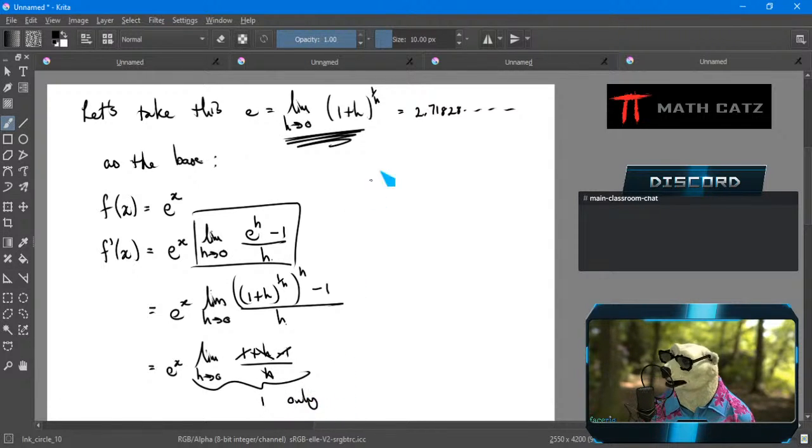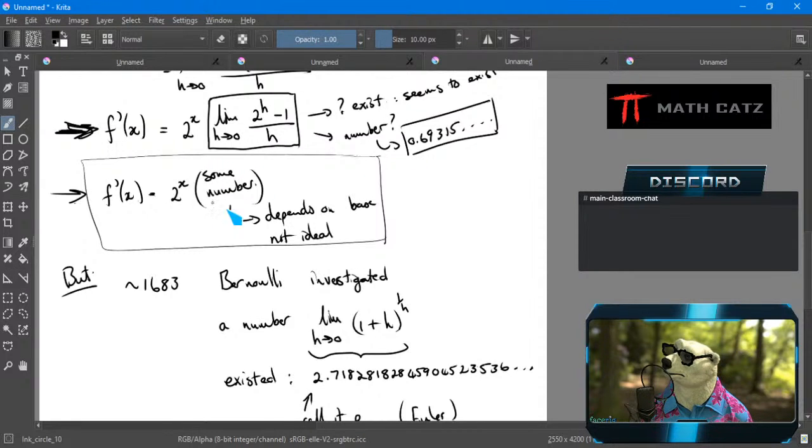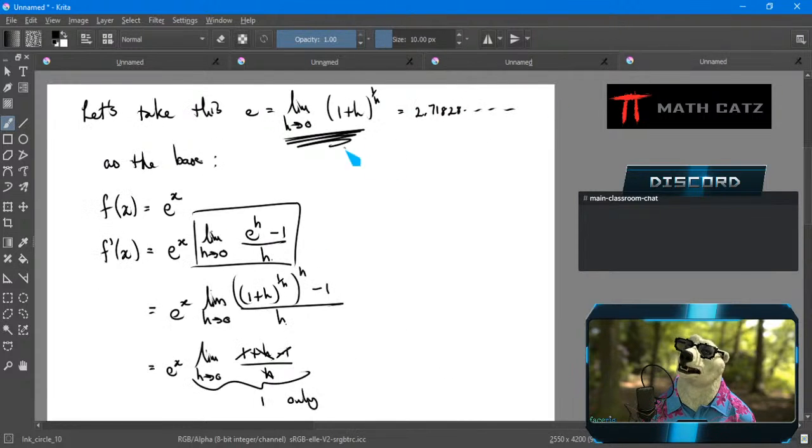And so this extra number that gets multiplied in the derivative depends on the base, but when I take this weird number e, which is a non-repeating, non-terminating decimal number, as the base of my function, then this extra number is equal to 1.